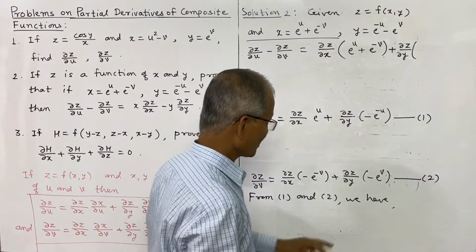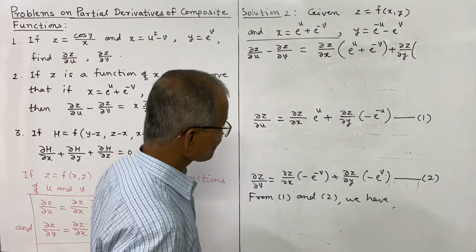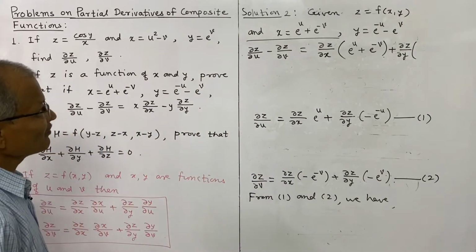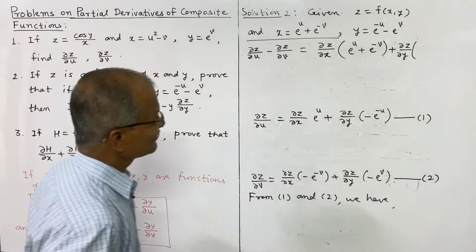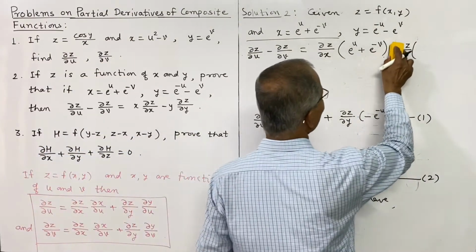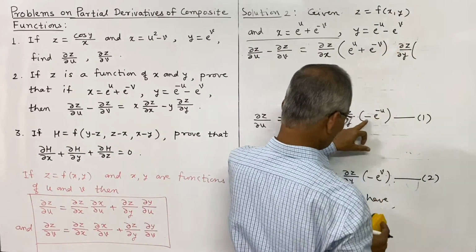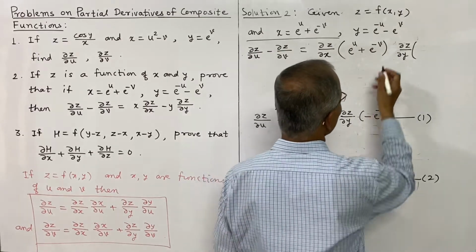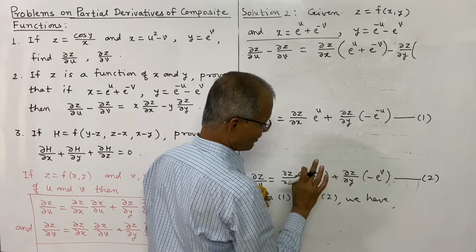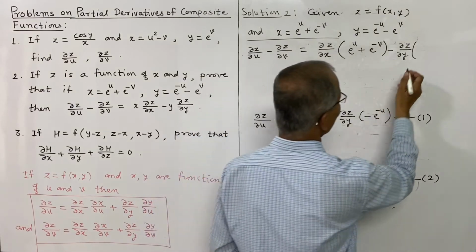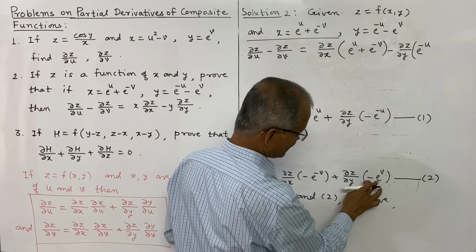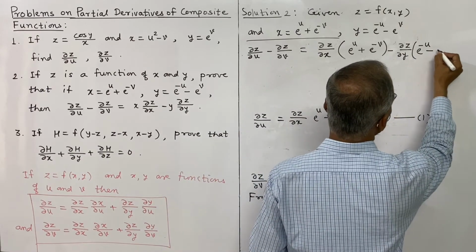So we shall take the negative sign common because there is a negative sign in the result. I shall write here negative sign common because these two both have negative sign, and therefore negative ∂z/∂y is taken common. So what remains in bracket is e^(-u) minus e^v.